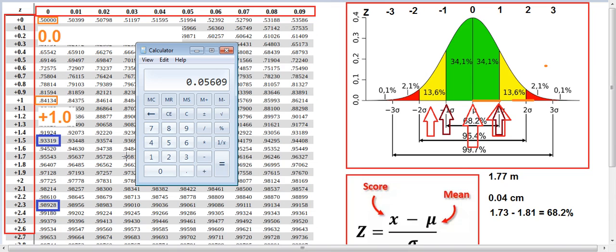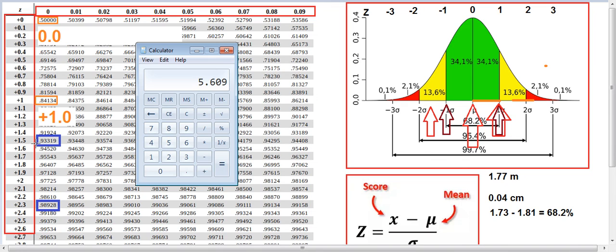The result I have to multiply by 100 to have the answer as a percentage, and now I can see that I have 5.61. Let's round it to 61. And now we are using the values from +1.5 to +2.3.